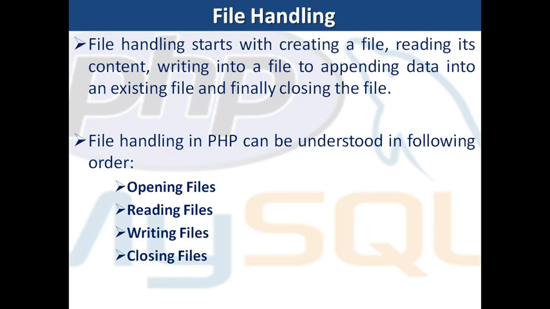Reading files: data from a file can be read character-wise, line-wise, in part, or the complete file can be read. Writing files: data can be written on files which are opened in write mode. Closing files: an opened file must be closed to protect resource data.